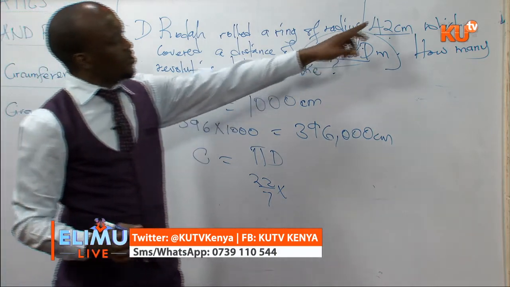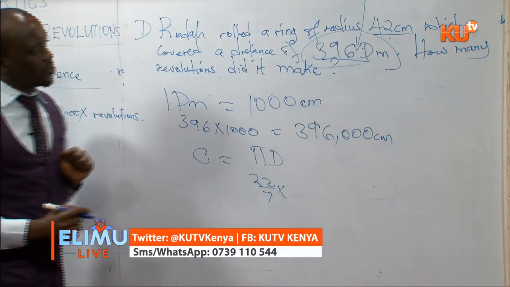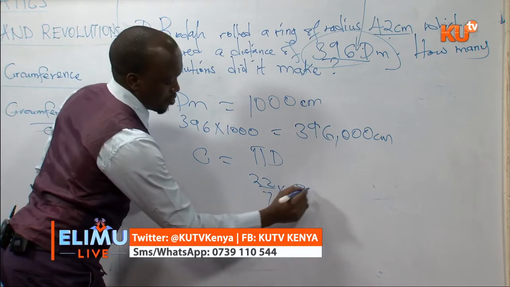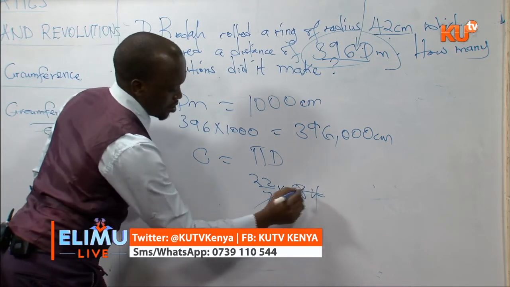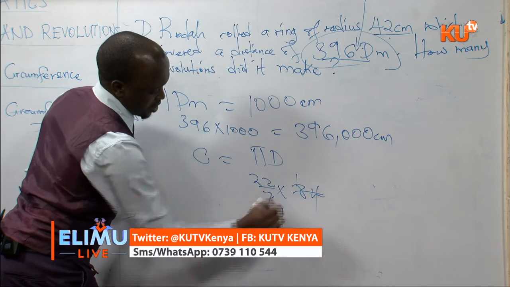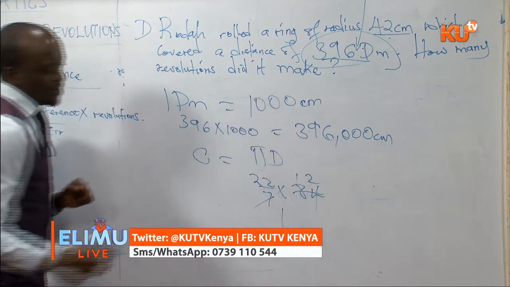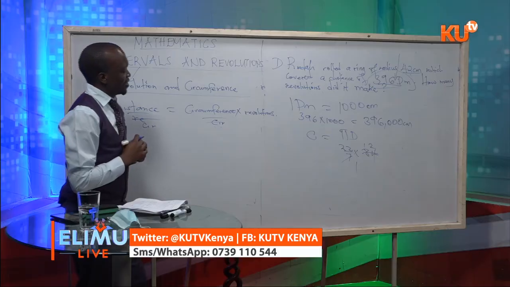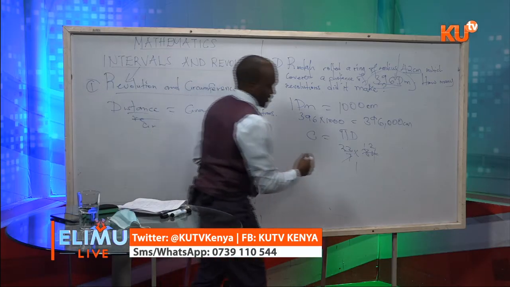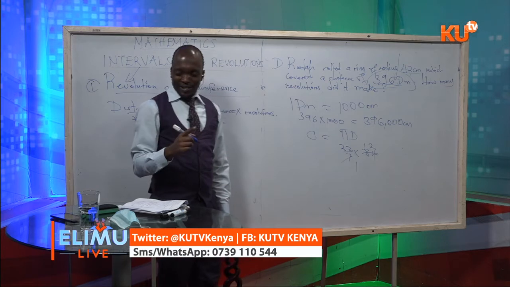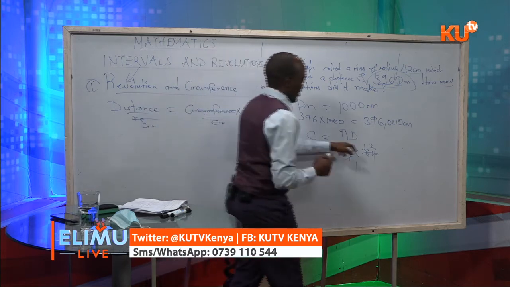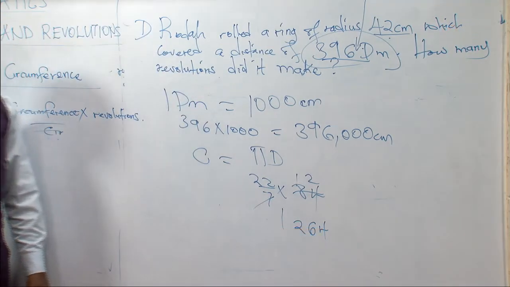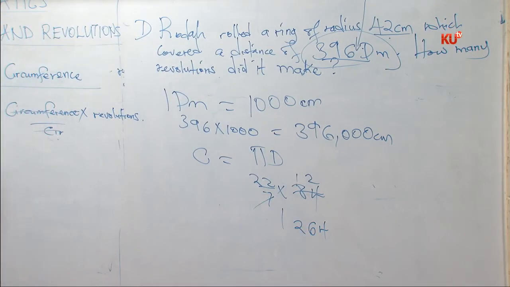So this will be 42 times 2. 42 times 2 is 84. There, 7 once, 12. And you remember what we did the other time. 22 times 12 is 264. So the circumference here is 264.